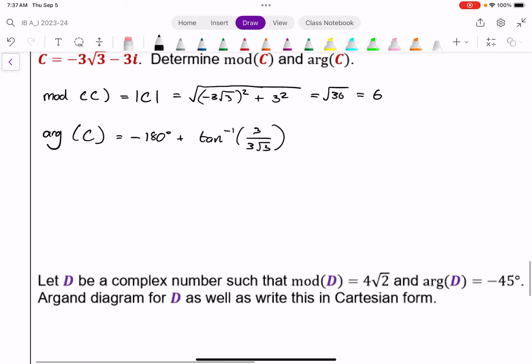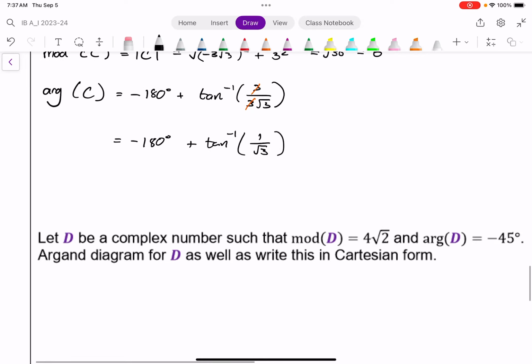While we can use our calculator, I hope we can also realize, especially HL students, that this reduces to the inverse tan of 1 over root 3, which should sound familiar. The inverse tan of 1 over root 3 is exactly 30 degrees. So this is a special angle.